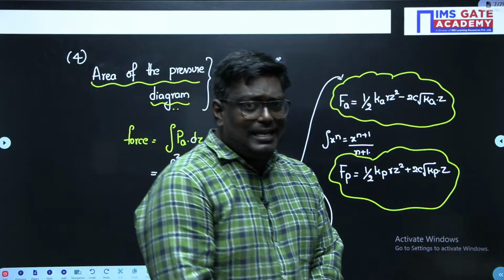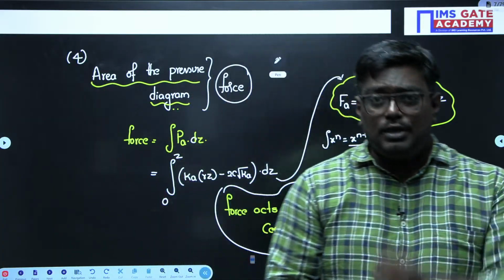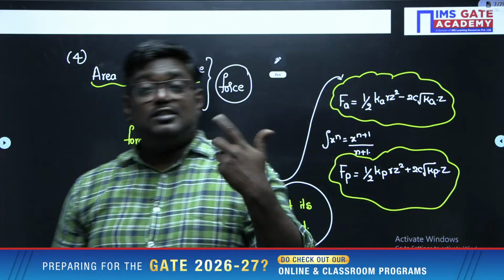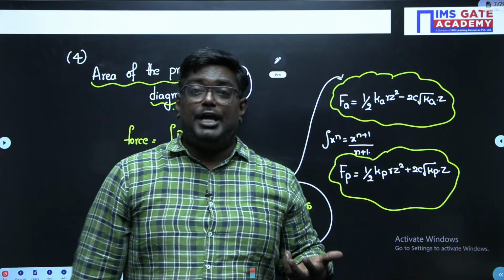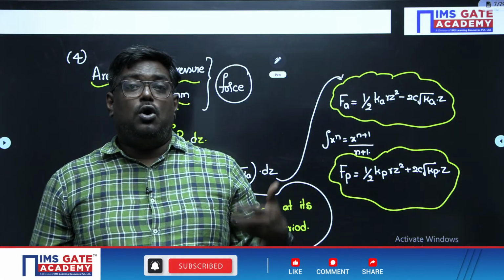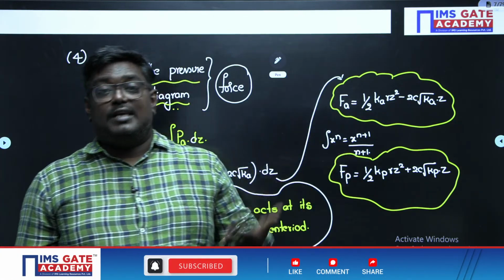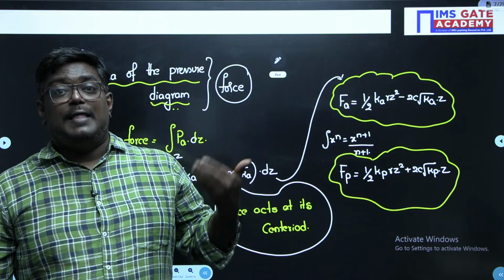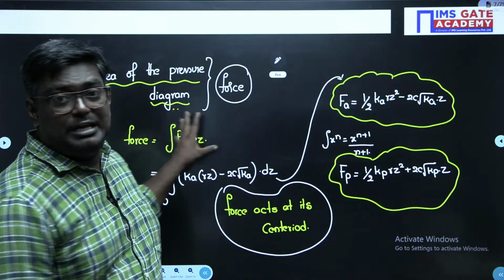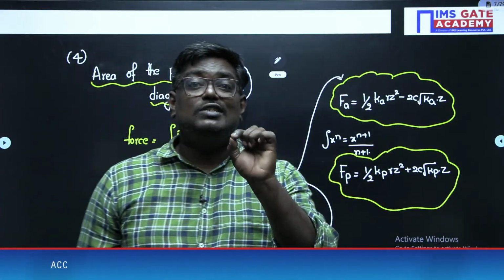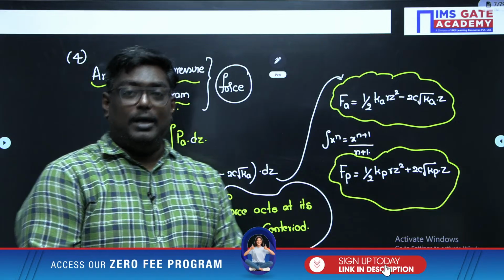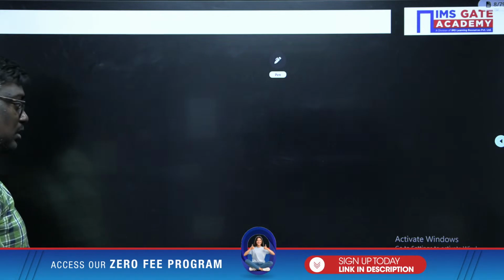Step 1 is calculation of the coefficient of earth pressure. Step 2 is calculation of the total stress. Step 3 is draw the pressure diagram, or you have to know the formulas. Step 4 is the area of the pressure diagram is nothing but the force. And step 5 is where the force is supposed to act. It is supposed to act at its centroid. I hope you are clear, my dear students.